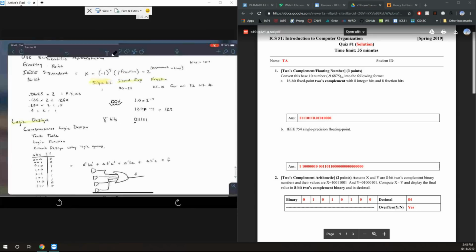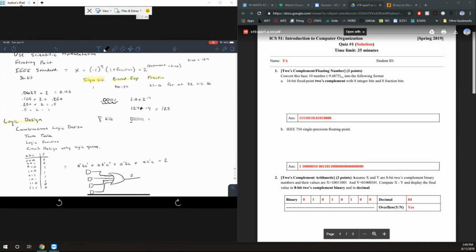Because if we make them all ones, it equals 255, right? So you have another 127. So I would just do that. Just memorize the 127. It makes it really, really easy to do.